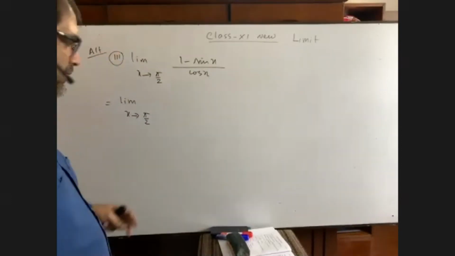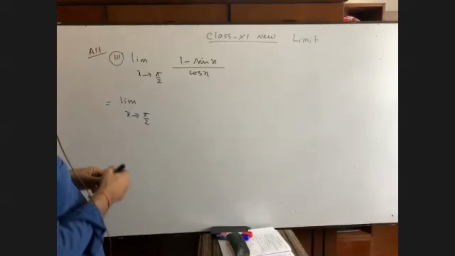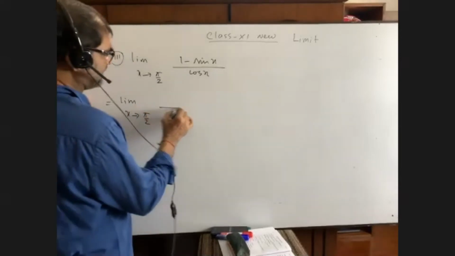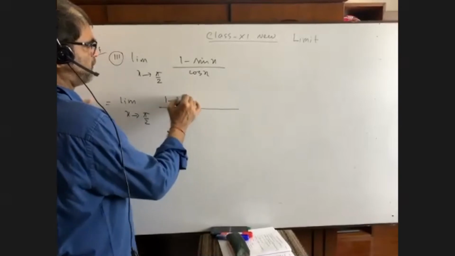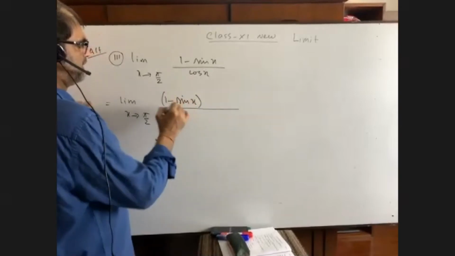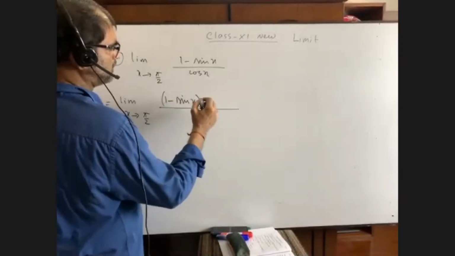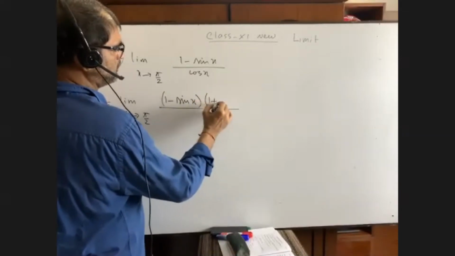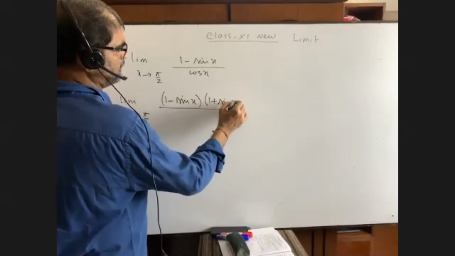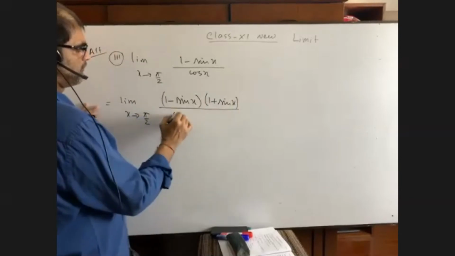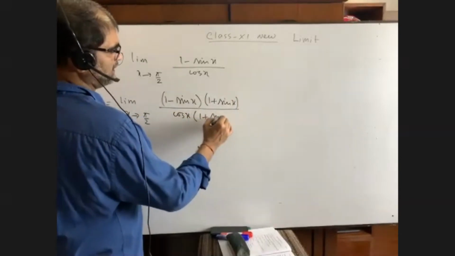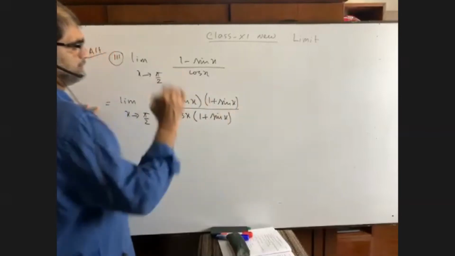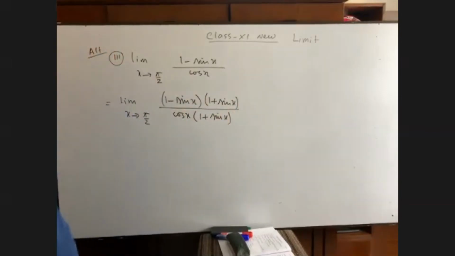Can you please remember one thing? What you did in class 9 and 10? It is 1 minus sin x. So multiply it by what? 1 plus sin x. You are right. It is cosine x. We multiply it by 1 plus sin x.